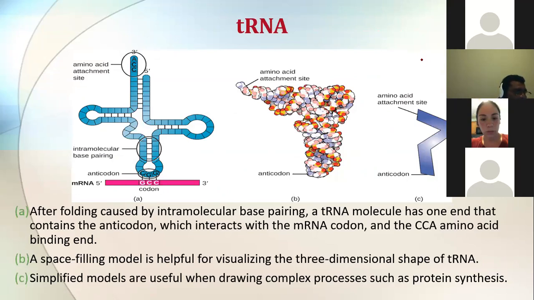On the head of the tRNA, they carry one specific amino acid, and at the tail part, they carry the codon for that amino acid. So we have three nitrogenous bases over here. That's a codon that codes for this amino acid. But when we see that codon on tRNA, we call it an anticodon.